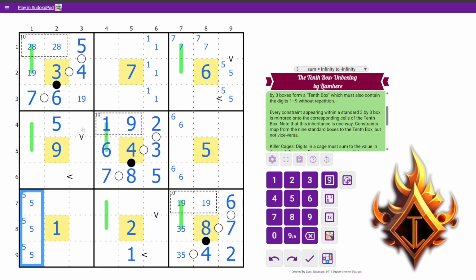There needs to be a 1 in here somewhere. Can't be there anyway. Could be there. Okay, that's fine. Alright, fine. 4 cannot be on the line, because it would have to be with a 9. It's also looking down here.